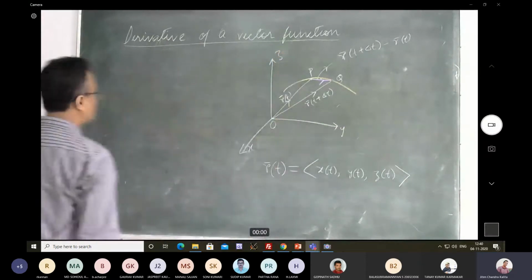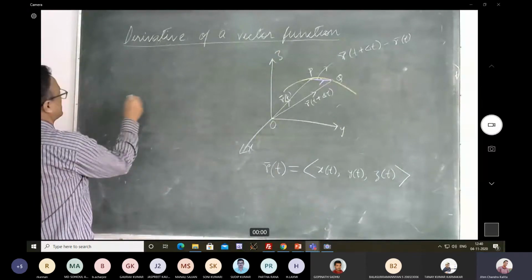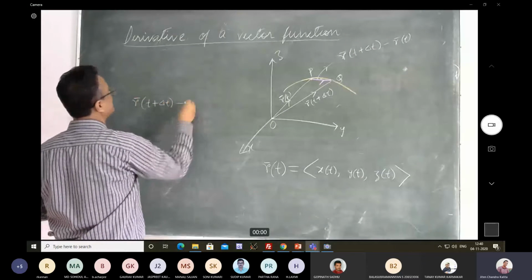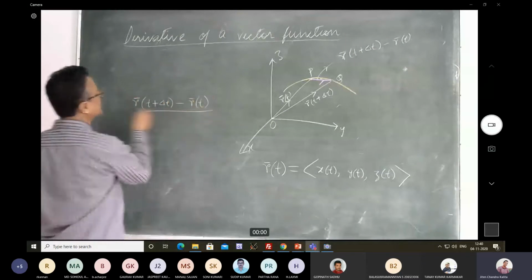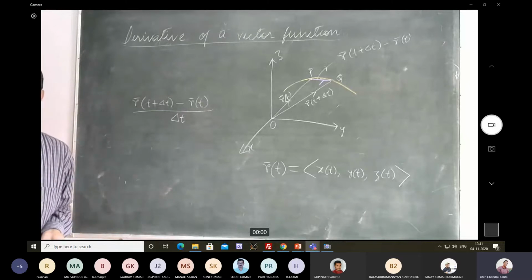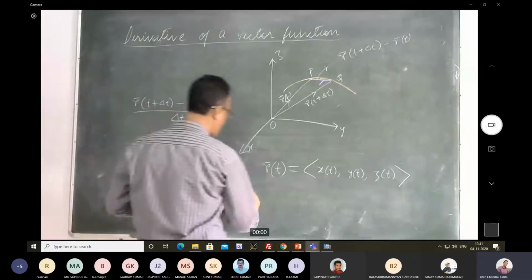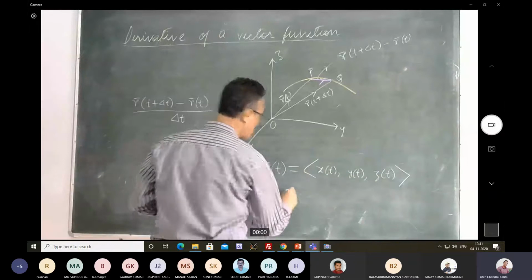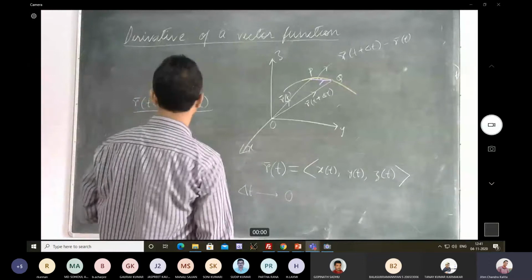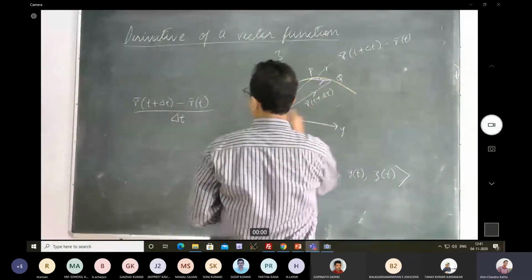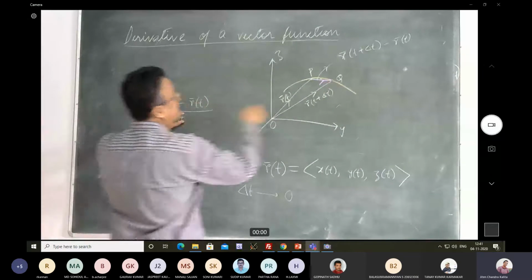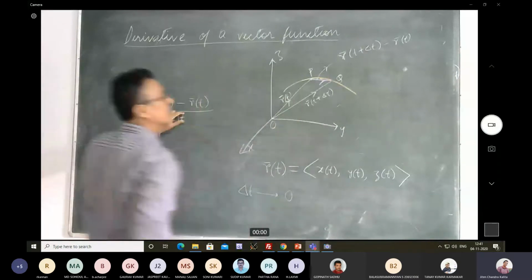Now let me consider this ratio: r(t plus delta t) minus r(t), divided by delta t. Remember, delta t is very small, delta t tends to 0. So what is going to happen? The vector r(t plus delta t) minus r(t) is given by this PQ.